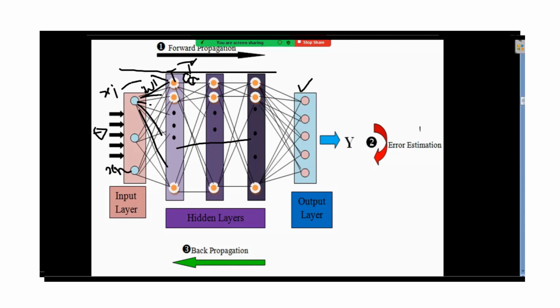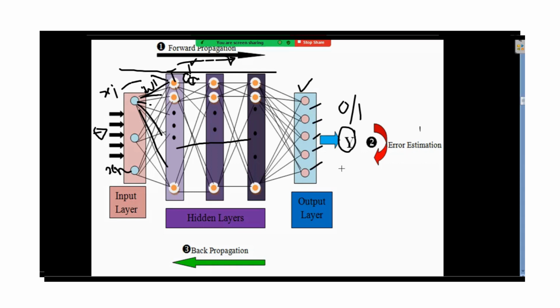We are proceeding in the forward direction, that is from input layer to output layer. And finally, we will get our output, that is Y. Based upon your classification, if it is a binary classification, then you will get the output as 0 or 1. And if it is a multi-class classification, then you will get an output which is greater than 2.